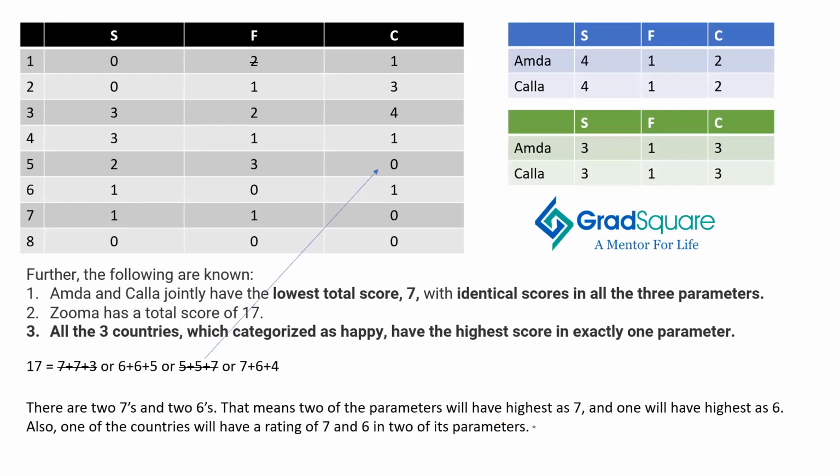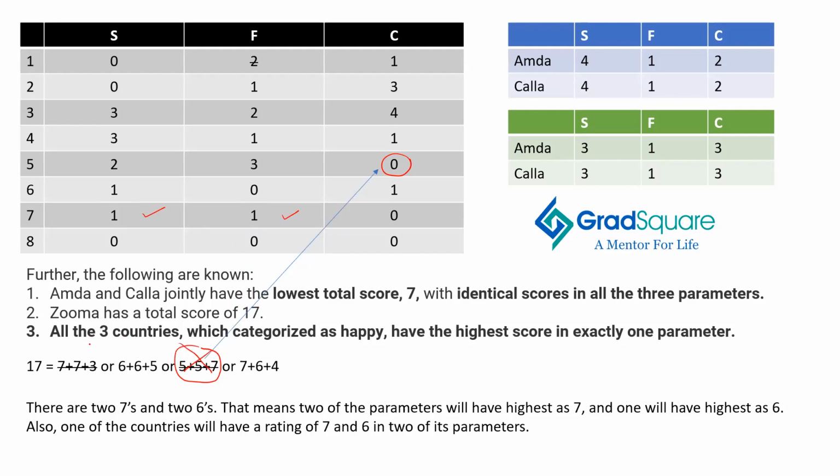Now see, out of all these 4 possibilities now, this particular case is definitely not possible. Why definitely not possible? Because a 7 can come either here or here. That means definitely a 5 has to come for corruption. And if 5 comes for corruption, that is not possible, because for corruption index, there is no 5 rating given for any country. So this is not possible.